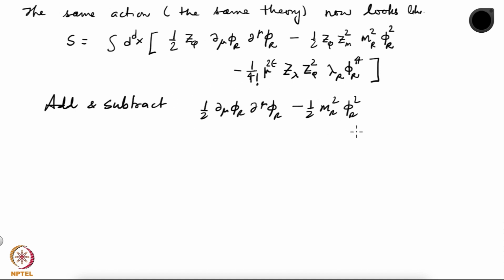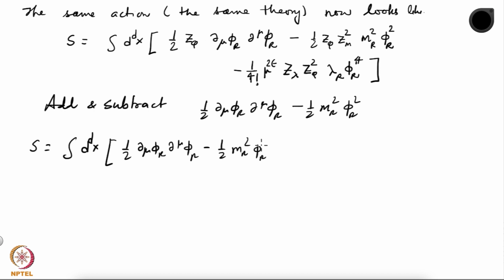This is something in terms of the renormalized fields and renormalized mass parameter. I will just add and subtract this to the Lagrangian density, and my action will become the following. So S is the integral d^d x, and I am adding first half del mu phi r squared minus half m r square phi r square.